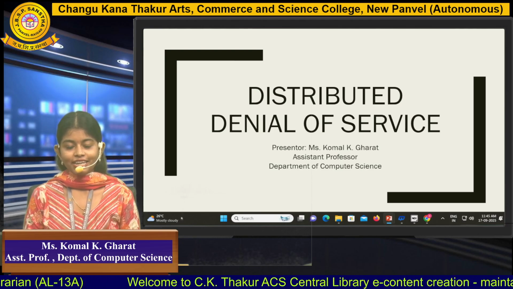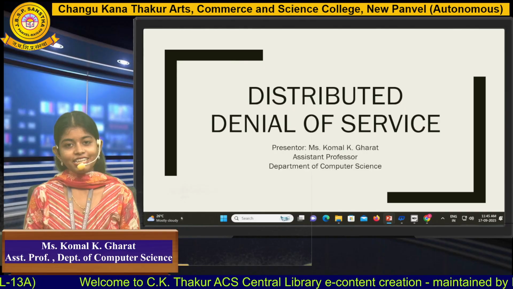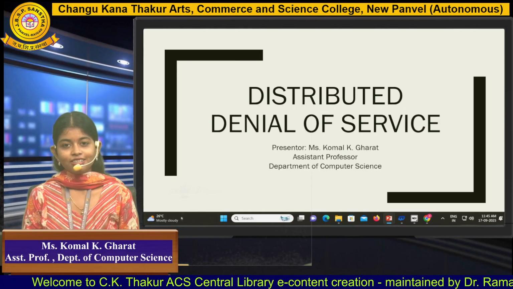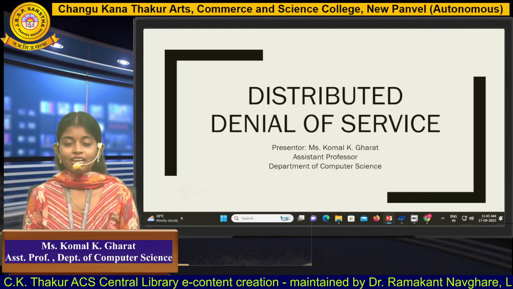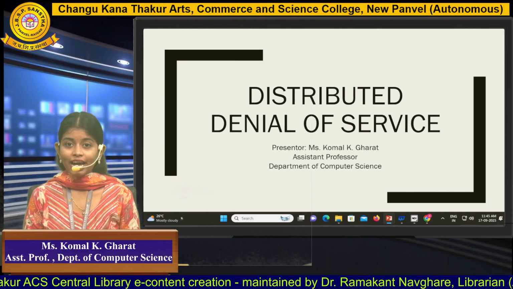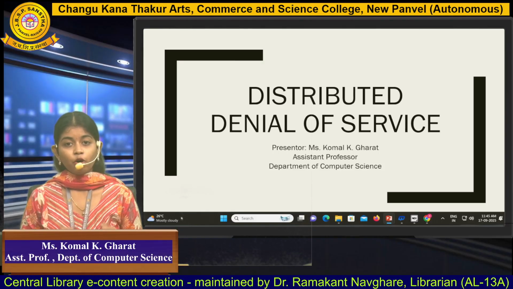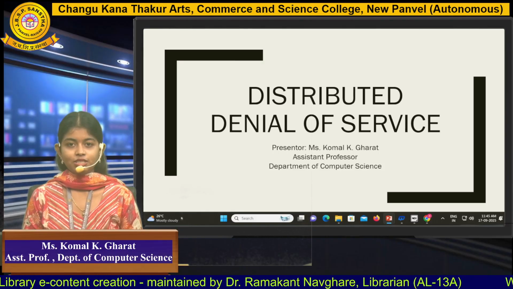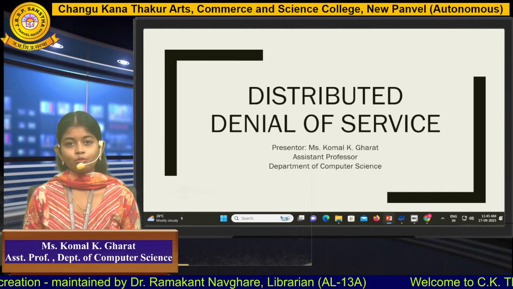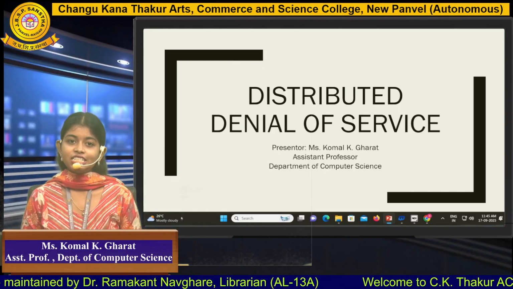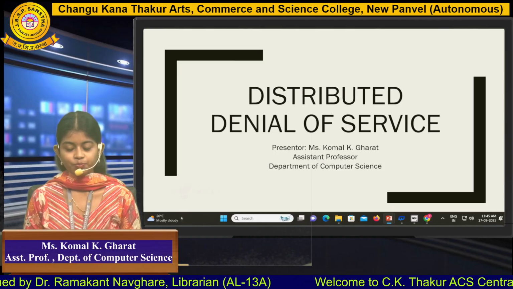In an active attack, attackers directly damage or steal data from the system, and in a passive attack, the attacker does not damage the system but monitors or operates on its data. Today we are discussing one of the active attacks, that is distributed denial of service.